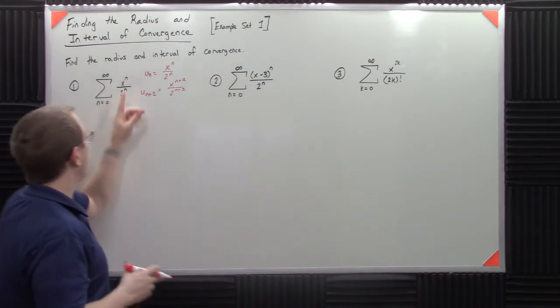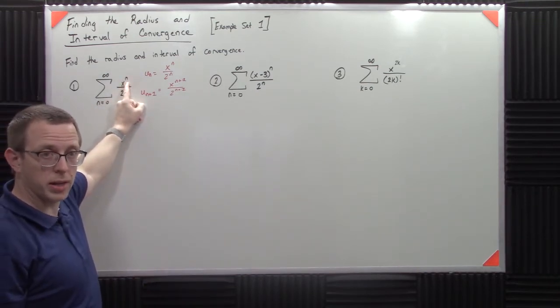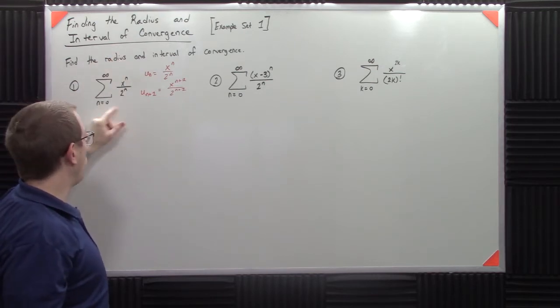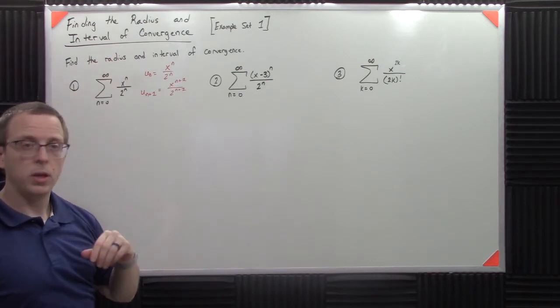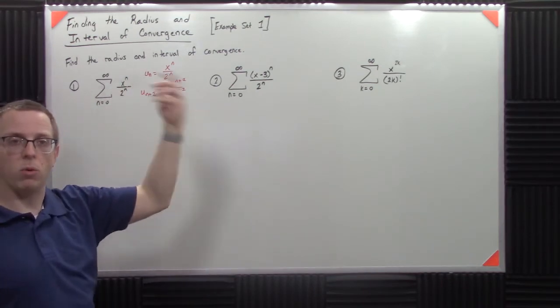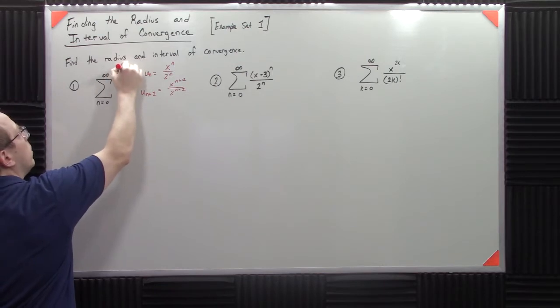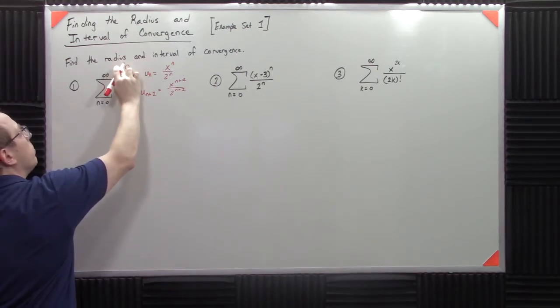What value do I plug in for x that would eliminate all the terms except for the first one? If I plug in 0, 0 to whatever power is just 0. So that tells me that my center is 0.